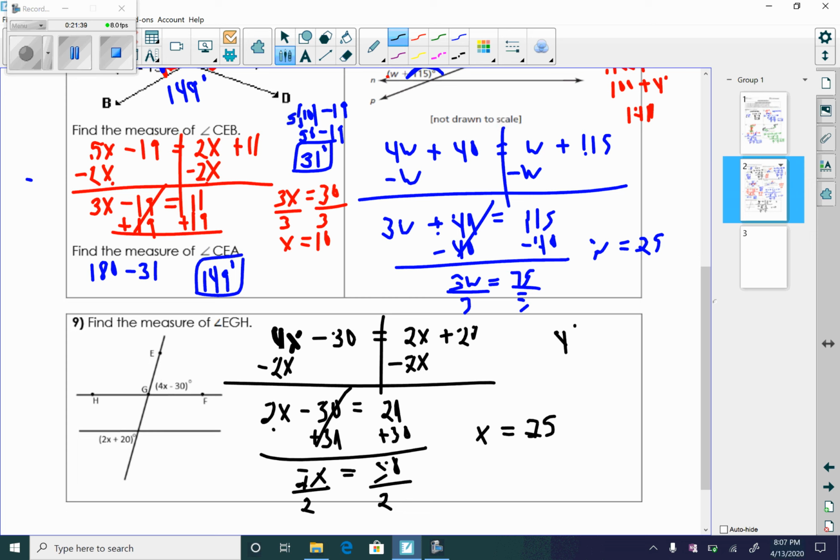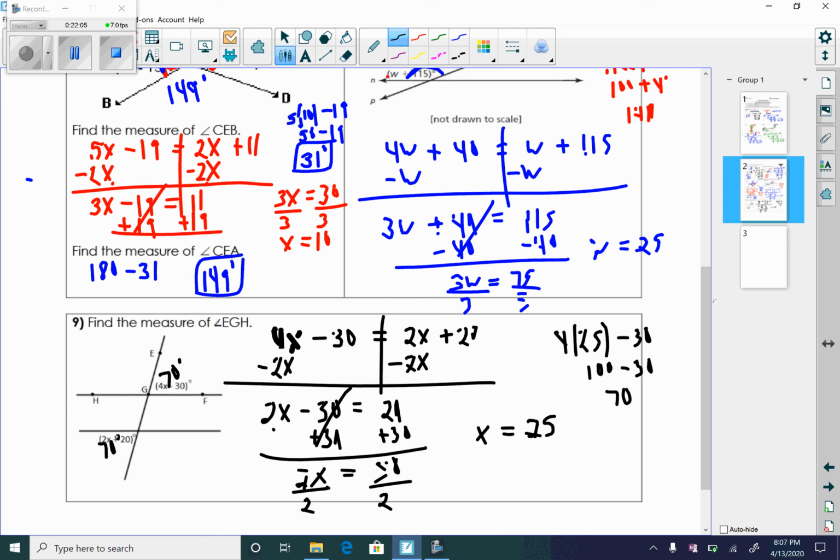So I'm going to do 4 times 25 minus 30, which is going to give me 100 minus 30. And so this angle here is 70 degrees. This angle here, if you check it, is also 70 degrees.